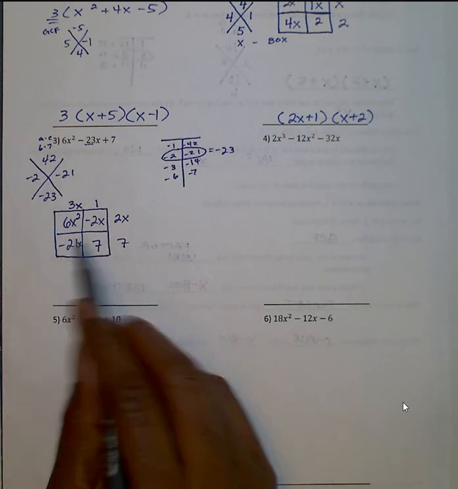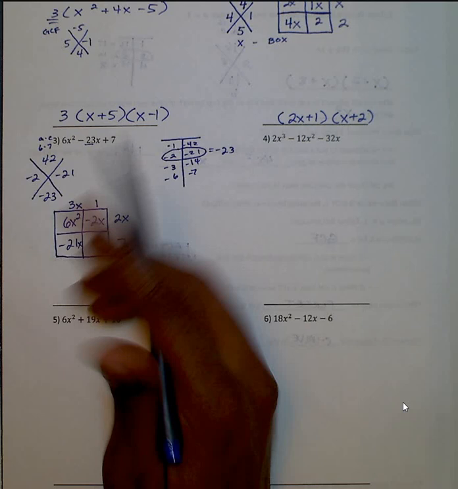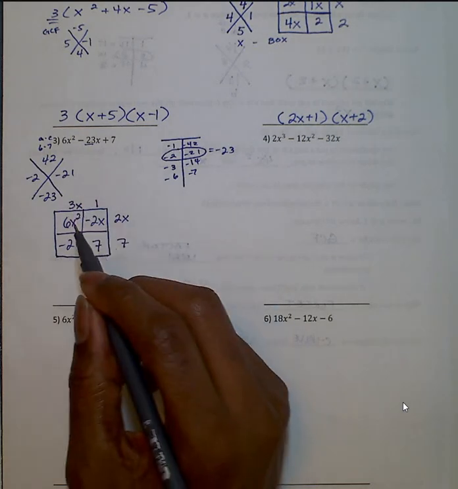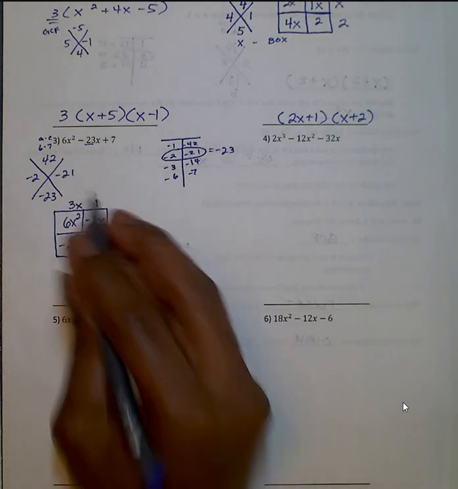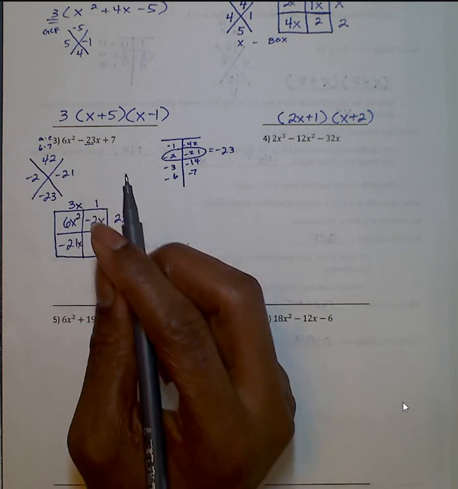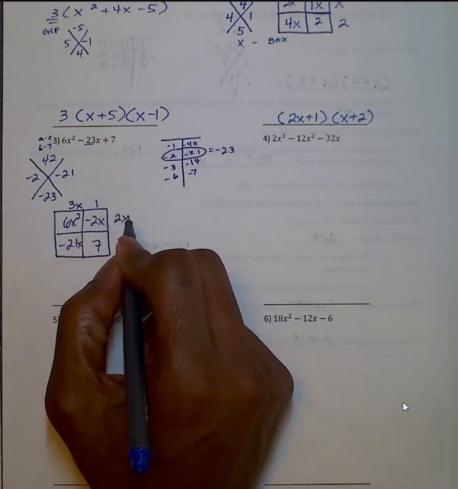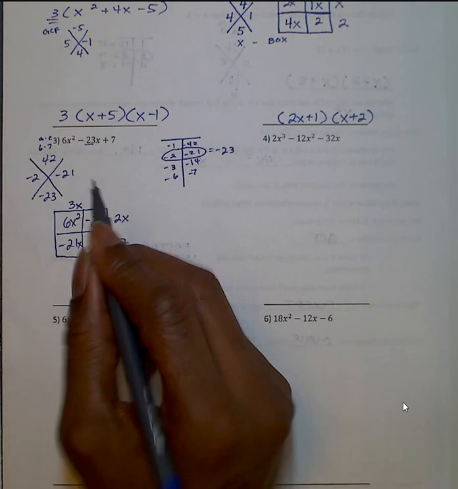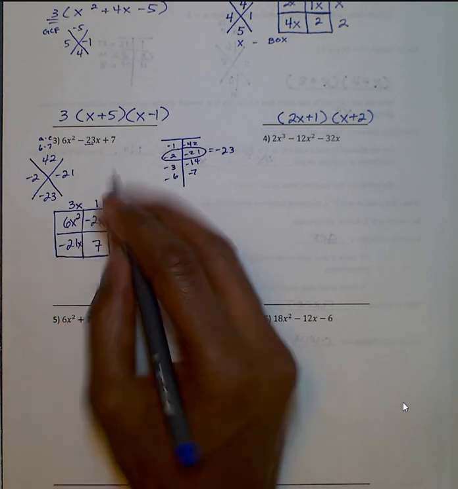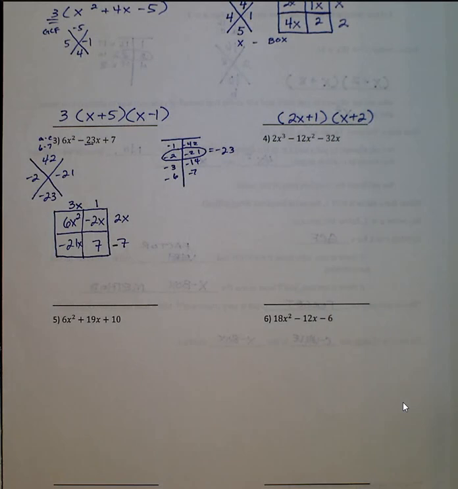So we need to say, okay, how can I make this equal negative 21? The one rule is, our leading coefficient, we do not want that to be negative. So I will not change 3x, I will not change 2x. Okay, so 3 times 7 needs to give us negative 21. I'm going to change this to negative 7.